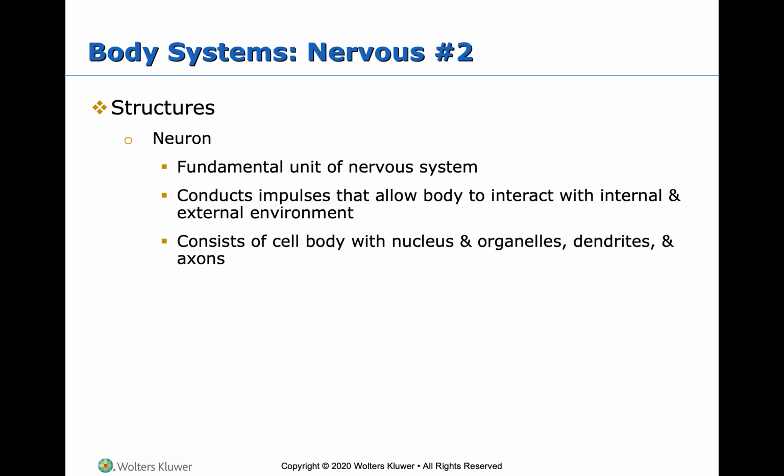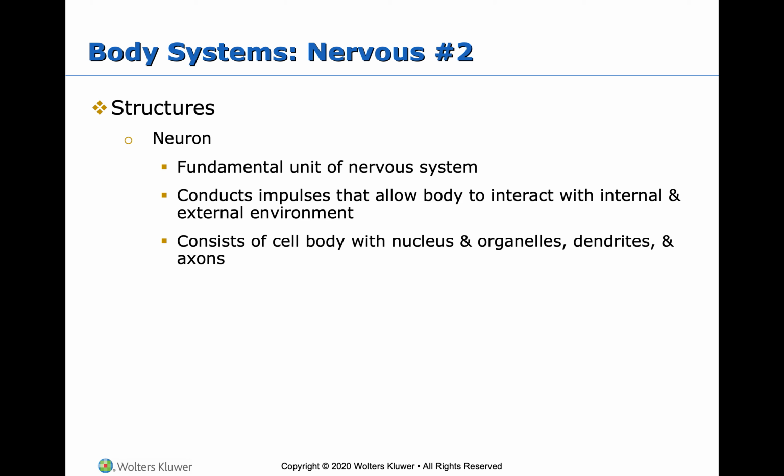Before we get into your central nervous system, we're going to talk about the fundamental unit of your nervous system, which is the neuron. This is basic. A neuron is basically a highly complex cell which conducts messages in the form of impulses or electrical signals. This allows the body to interact with its internal and external environment.